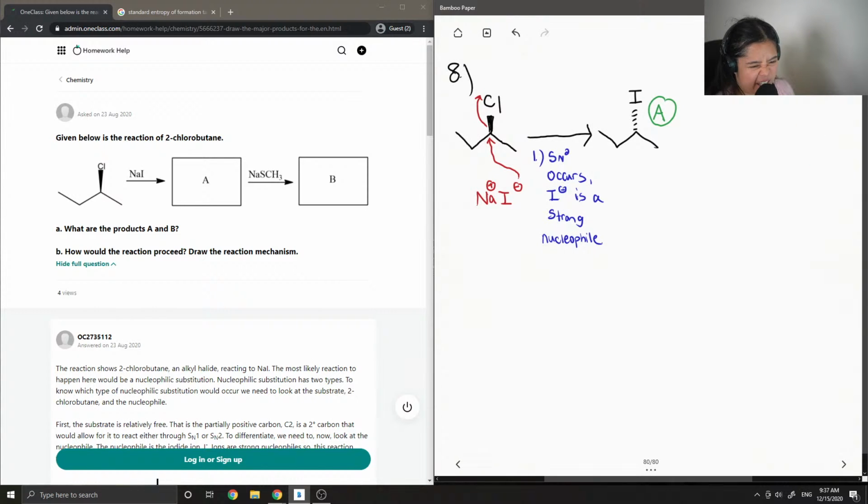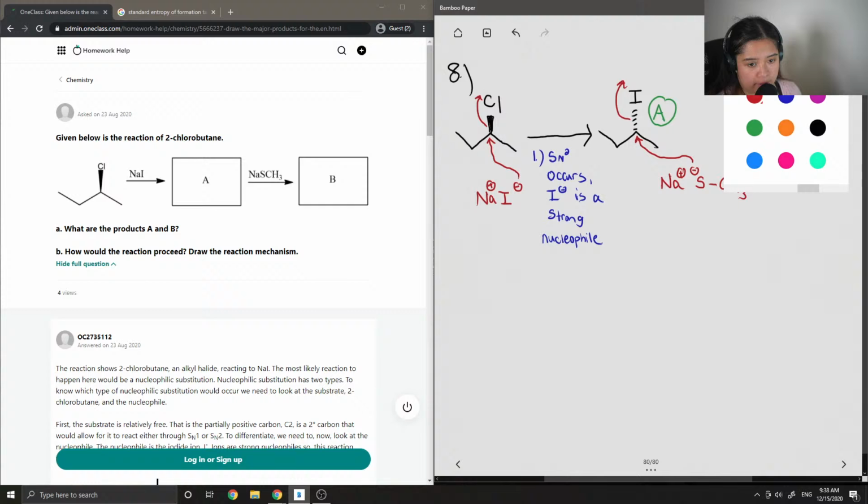And then this reacts with Na plus, the sulfur is negatively charged, attached with a methyl group. So similarly, this will attack the carbon containing the iodine, kicking it off.